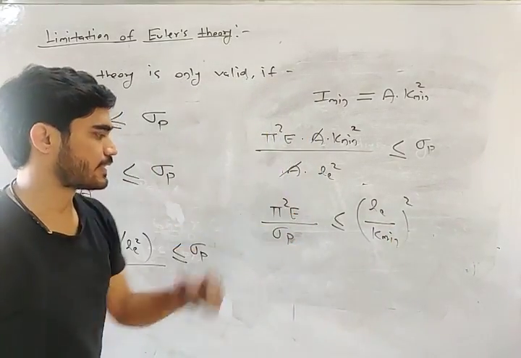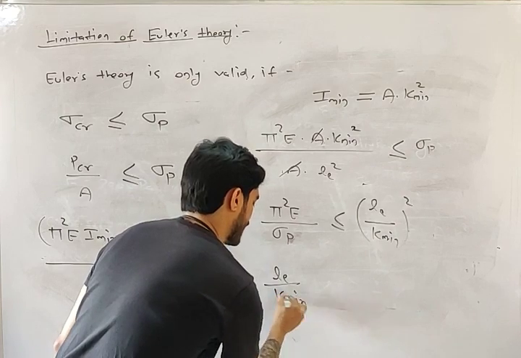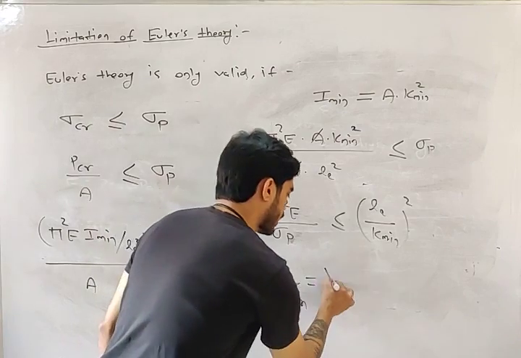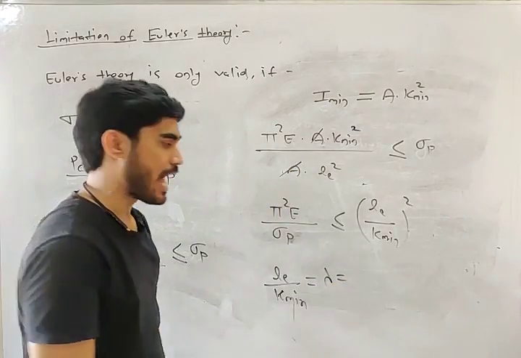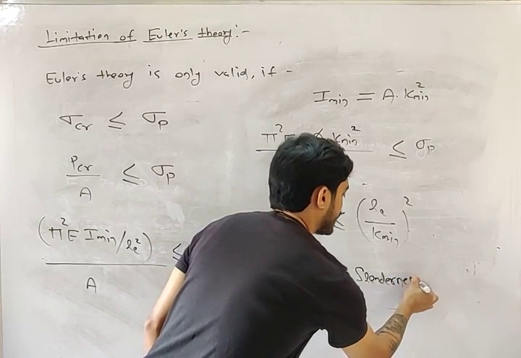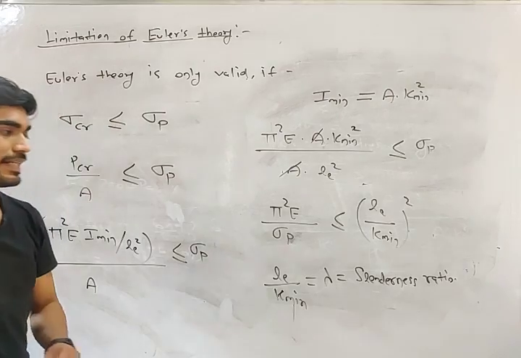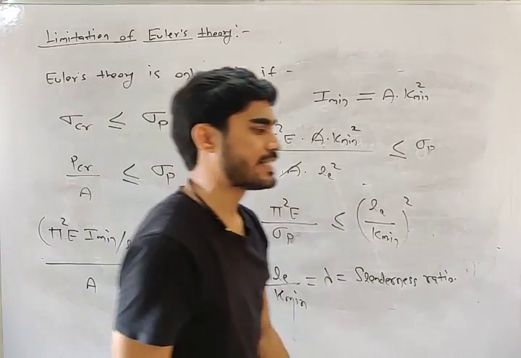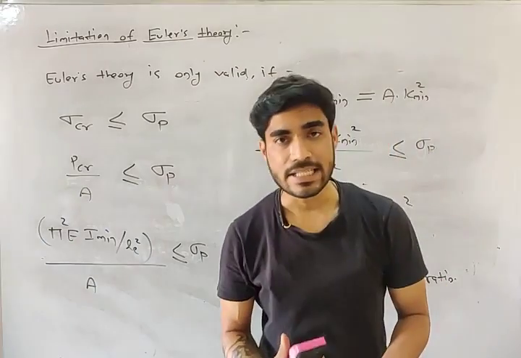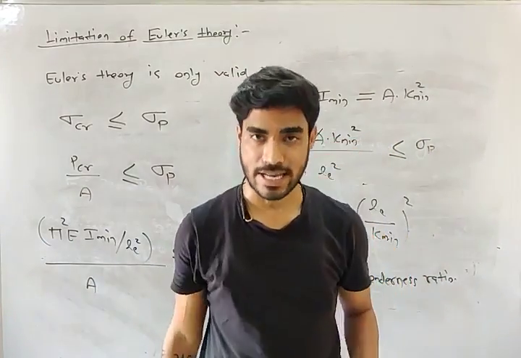Now, this LE by K minimum ratio, my friend, is a very important ratio. It is denoted by lambda and it is known as slenderness ratio. What does slender mean? Slender means the length is greater than the cross section.